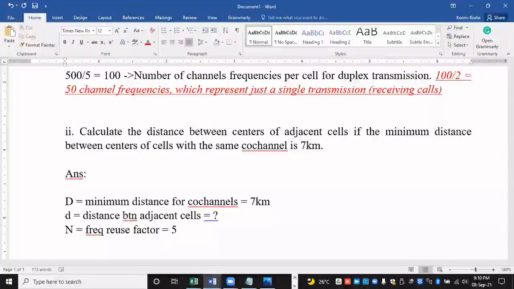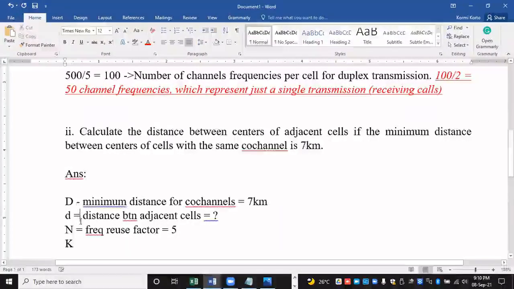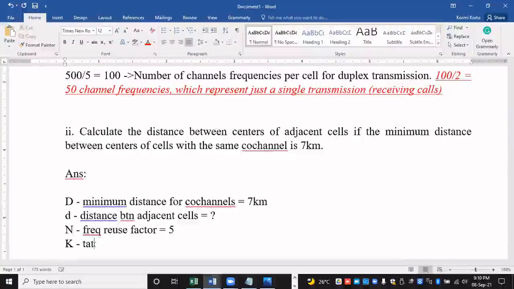And K, which is your total system frequency that we had, which was the 512. I shouldn't put equal signs there, I should make this a dash instead, because they are describing it. So that's 512, and 12 was reserved for control purposes.